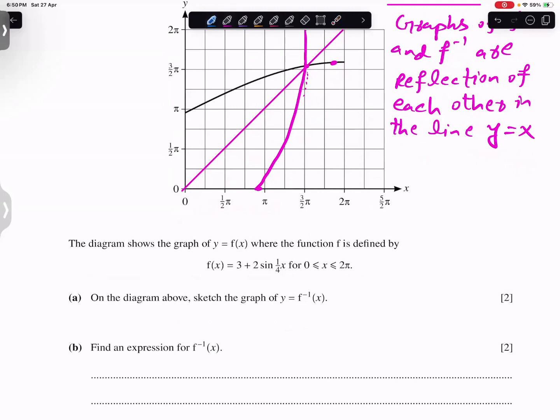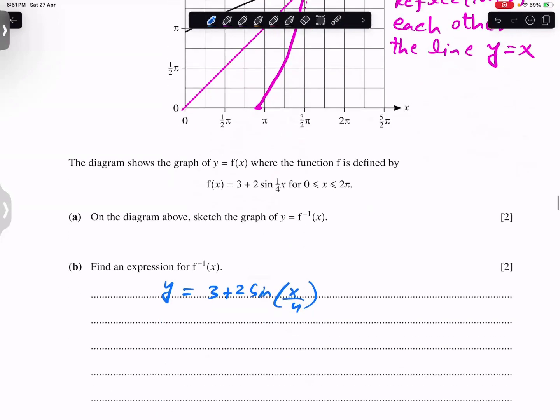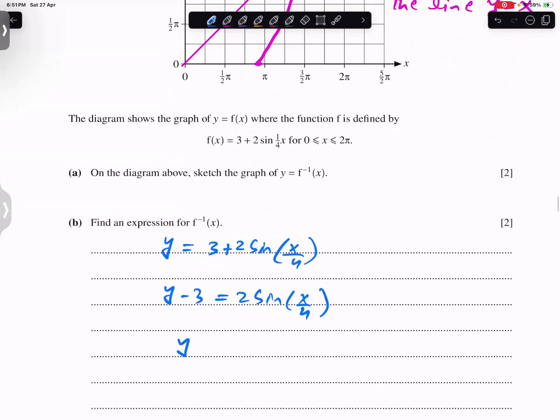Second part is very easy. Find f inverse. So y is equal to 3 plus 2 sine x by 4. y minus 3 is equal to 2 sine x over 4. y minus 3 over 2 is equal to sine x over 4.